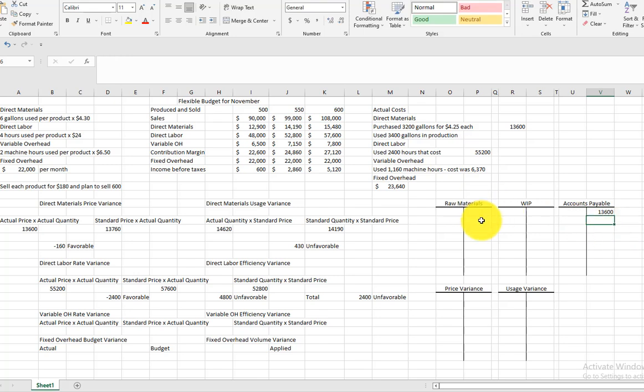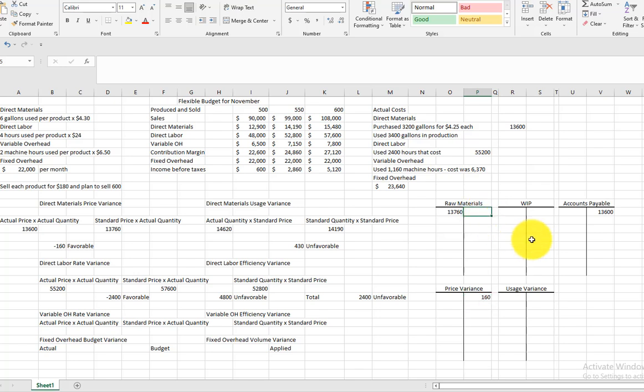But you're going to debit the $13,760 to raw materials. You're going to use the standard cost. And the difference is going to be 160 in the price variance.